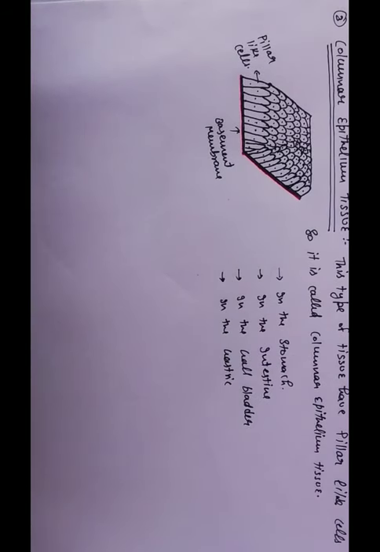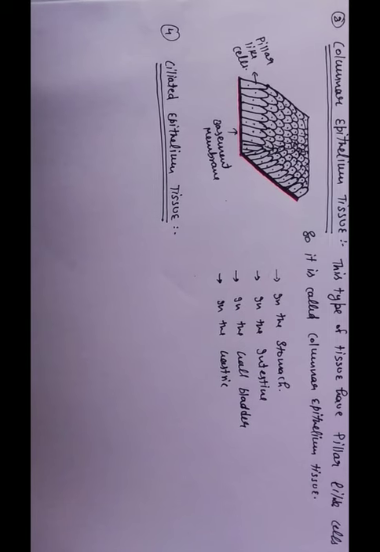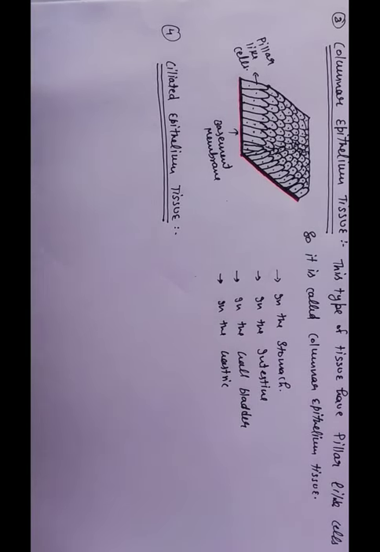So the next tissue is ciliated epithelium tissue. Ciliated epithelium tissue is the tissue having cilia present on its surface, where cilia are the hair-like structures present on the surface of the tissue cells.